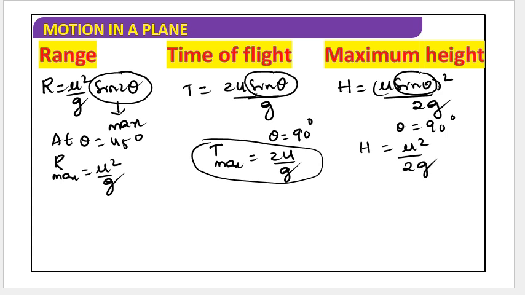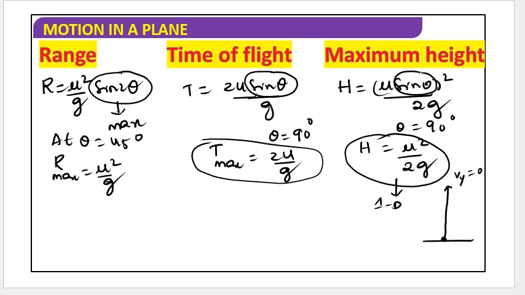We know very well, my dear children, this formula is nothing but one dimensional motion. One dimensional means the body moves along the vertical direction, this is the point of projection. When the vertical component of velocity is 0, this is the maximum height in one dimensional motion.